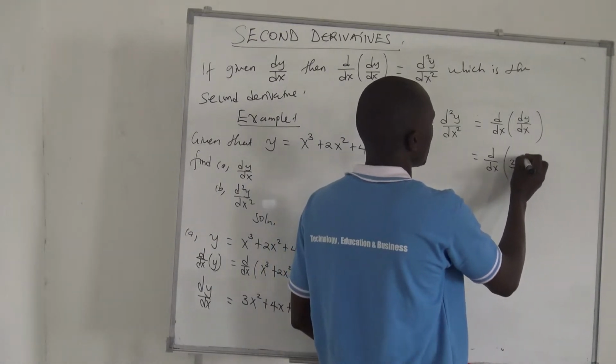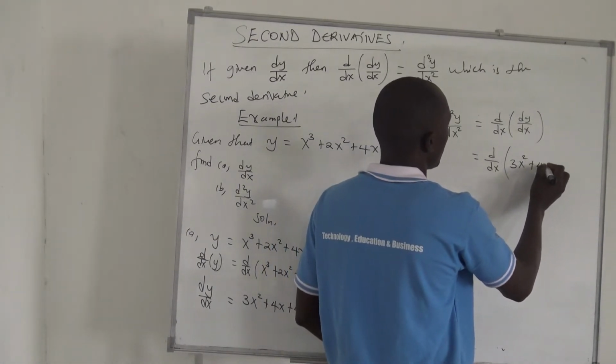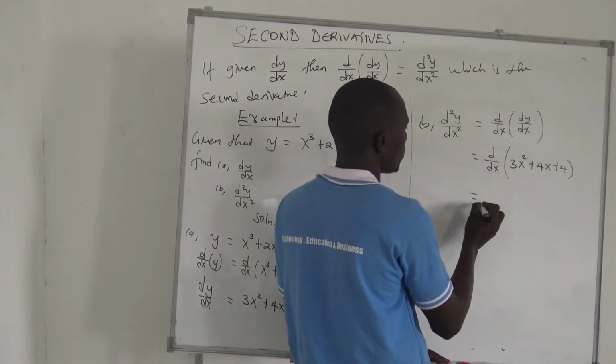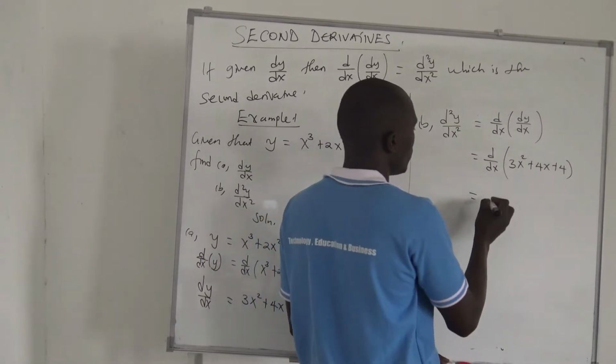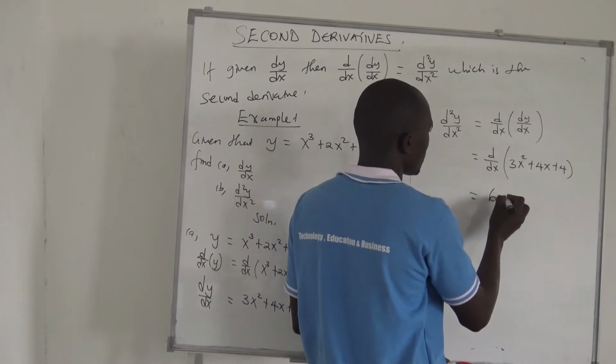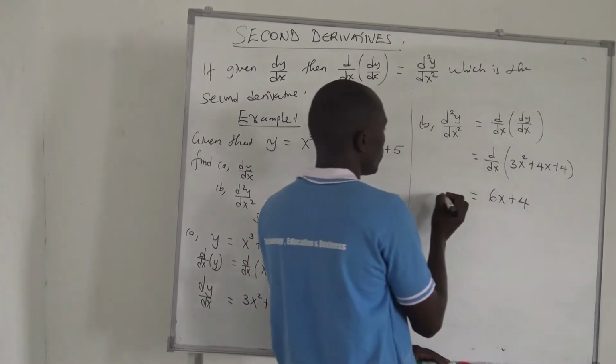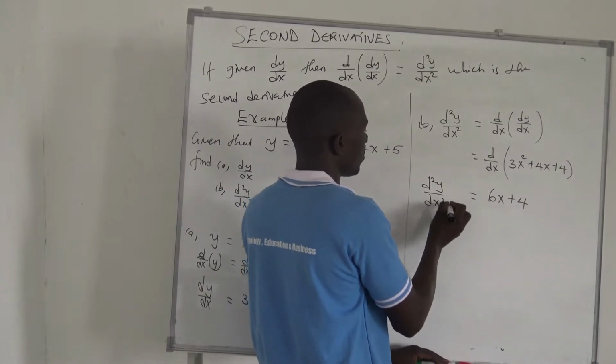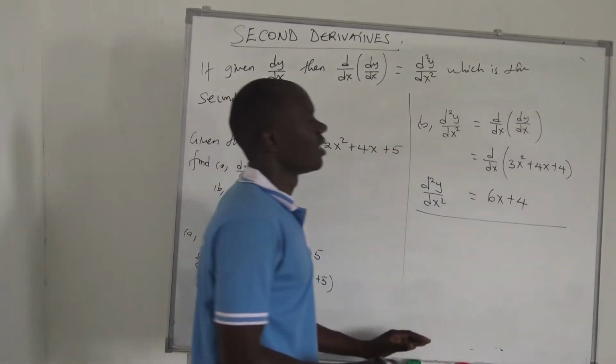So we differentiate this one. When we differentiate, we get 6x plus 4, which is d²y/dx². That's how we get that one.